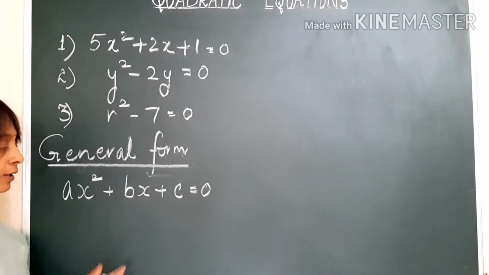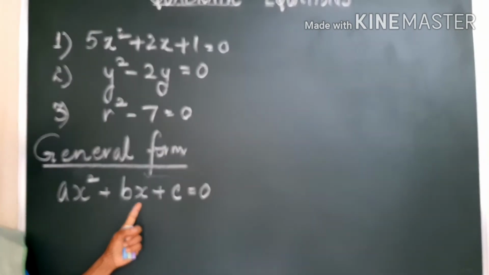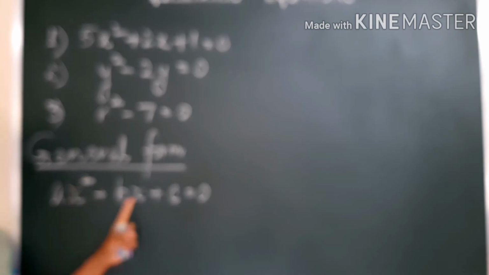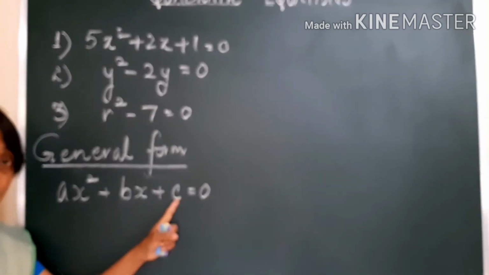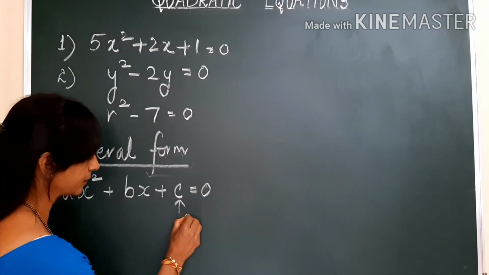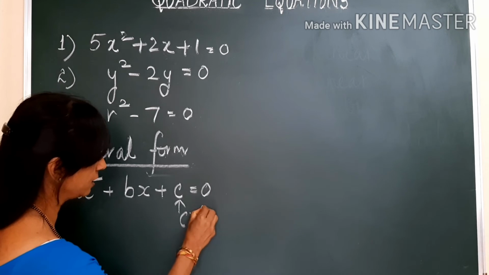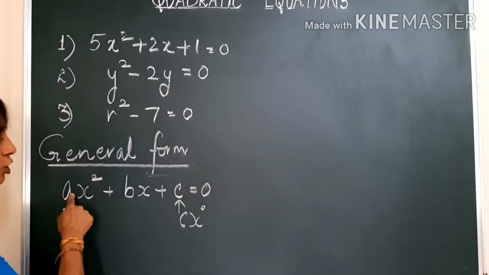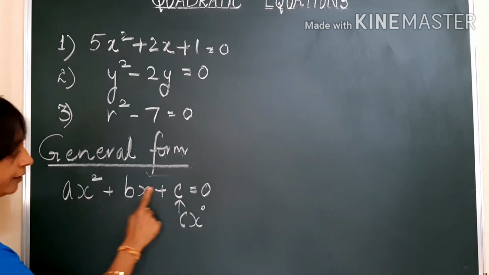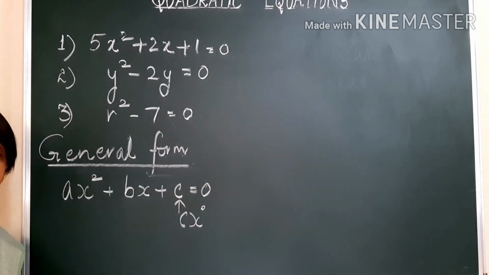Again look over here, children. The variable is x. The first term, it is raised to 2. The second term, x is raised to 1. In the third term, even though x is missing, it is very much present. It is c x raised to 0. So in the general form of a quadratic equation, you arrange the terms in the descending power of the variable.